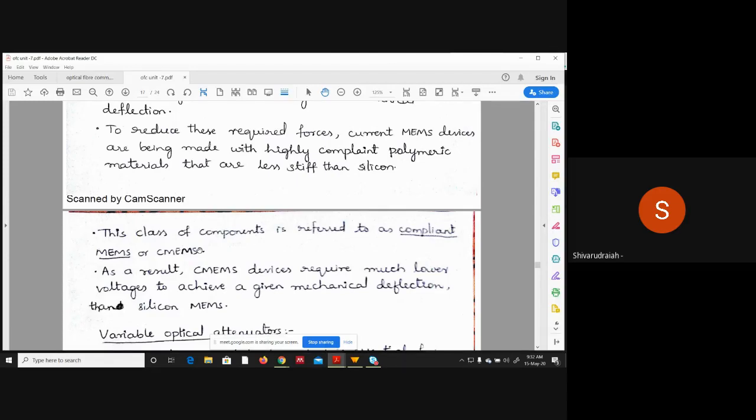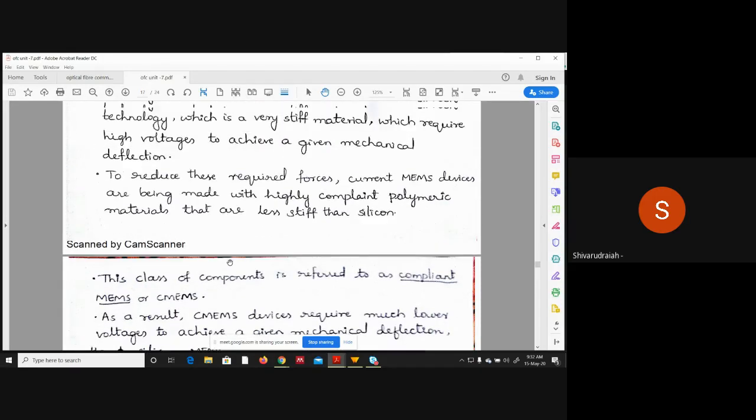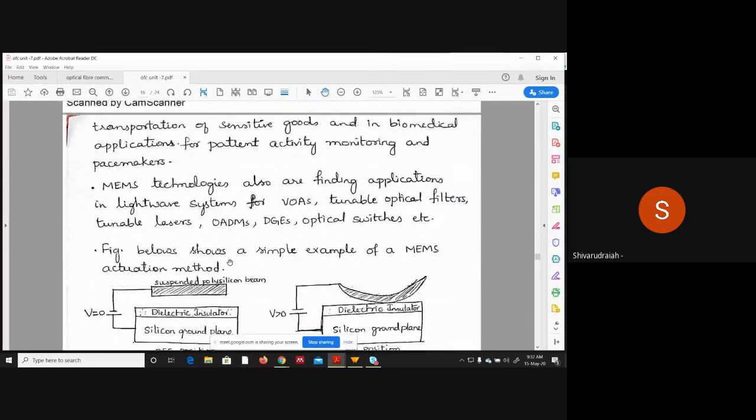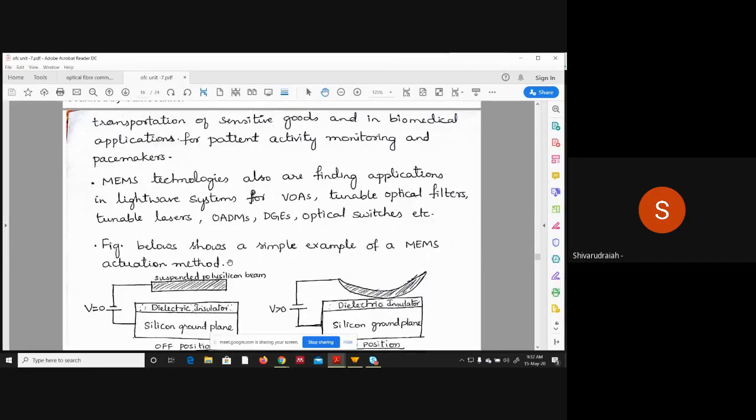They require less voltage to achieve the same mechanical deflection as the stiff material. So that's about the concept of MEMS technology, applications of MEMS in commercial applications, as well as in construction of optical passive and active devices, right?